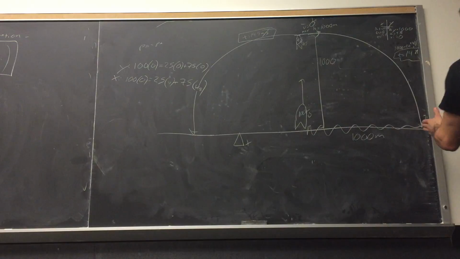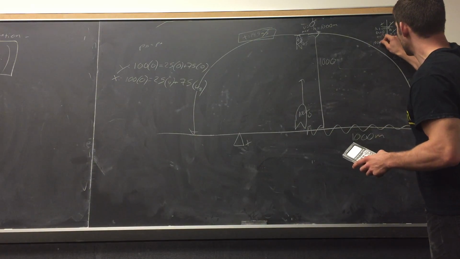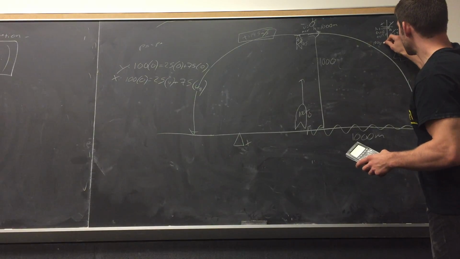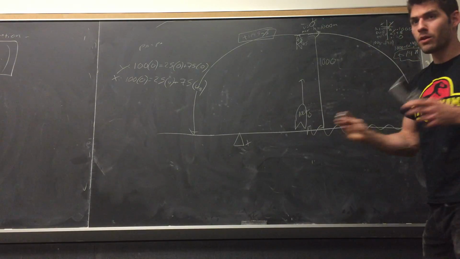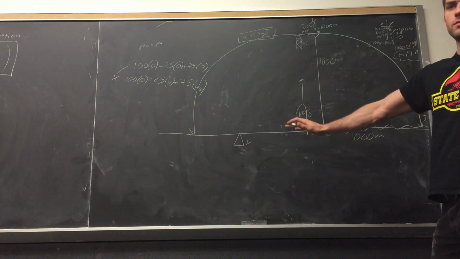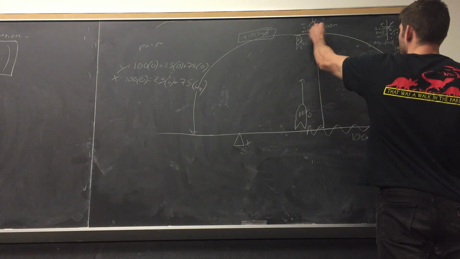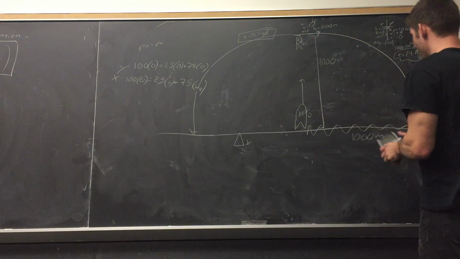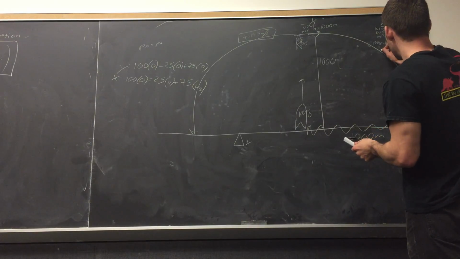And it goes 1,000 meters in that time, and I can just say that delta X, 1,000, is equal to my initial velocity times my time, 14.29. And the acceleration in the X direction, nothing. There's almost never acceleration in the X direction. There was a quick acceleration here when it exploded, but here there's no acceleration. And I'm going to solve for that to get 70.